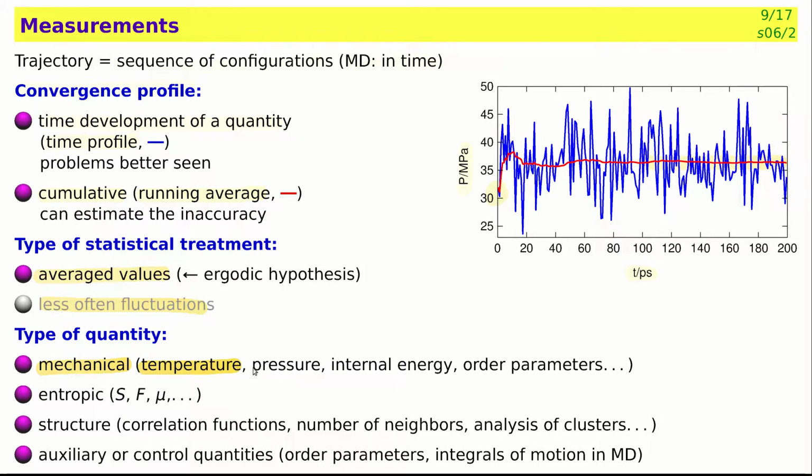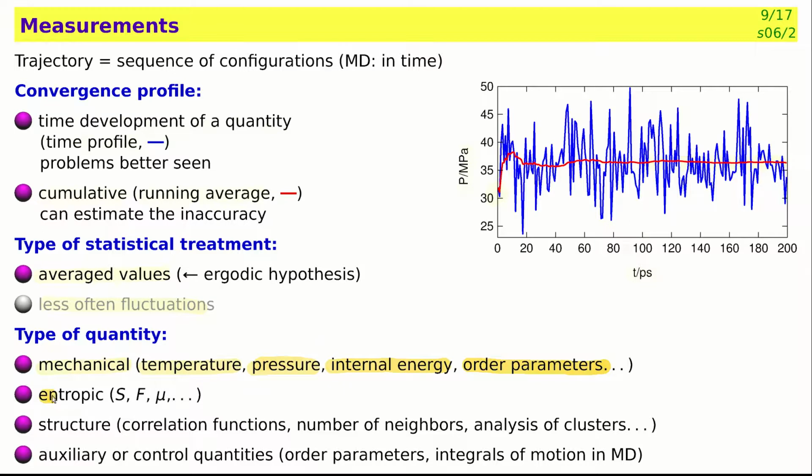It's a bit more difficult to calculate pressure. I will come to it later, but pressure can also be calculated directly from the configuration. The internal energy is equal to potential energy plus kinetic energy. So again, it's a mechanical quantity in this sense. There are different order parameters that can be calculated, but they may be put into another bin or type.